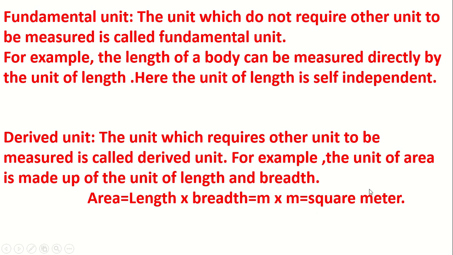So this square meter unit is a derived unit because it is formed by the multiplication of two fundamental units. So derived units are those units which can be obtained by multiplying or by dividing one or more fundamental unit.